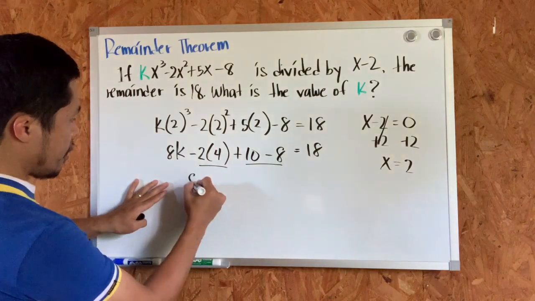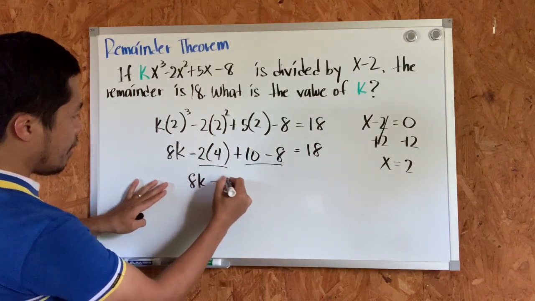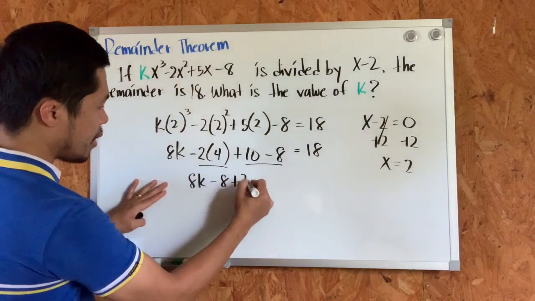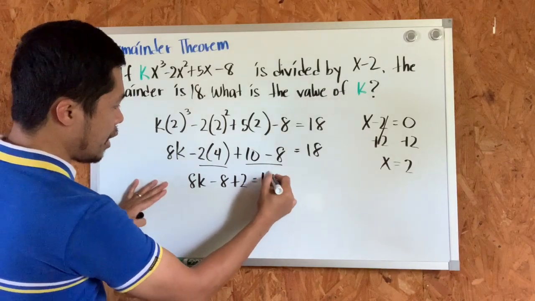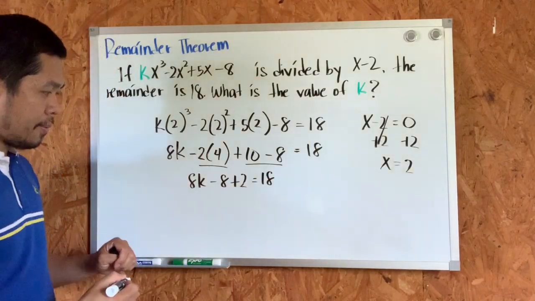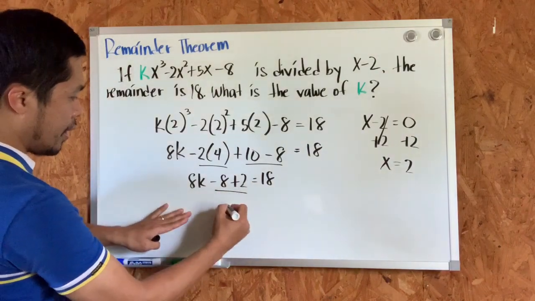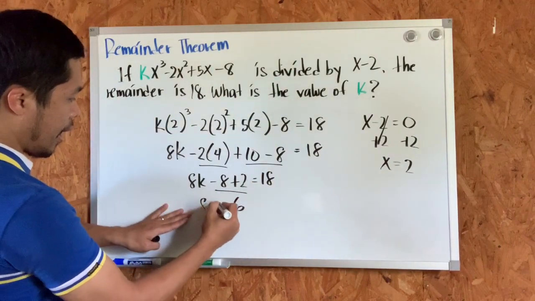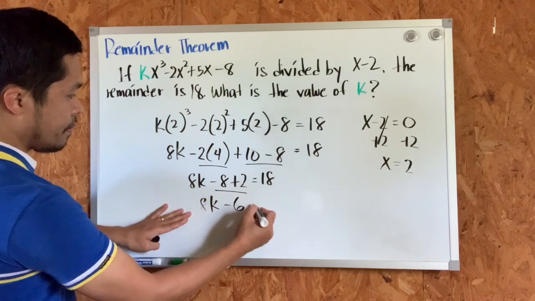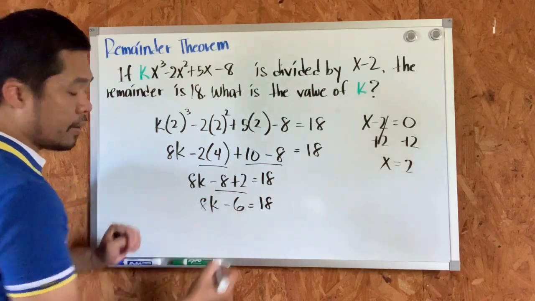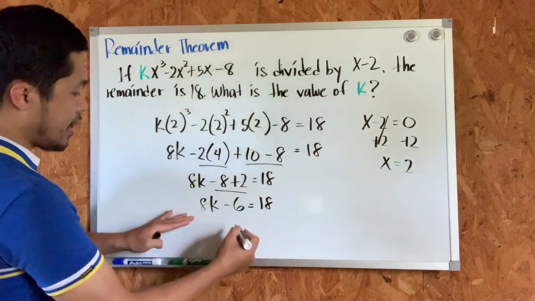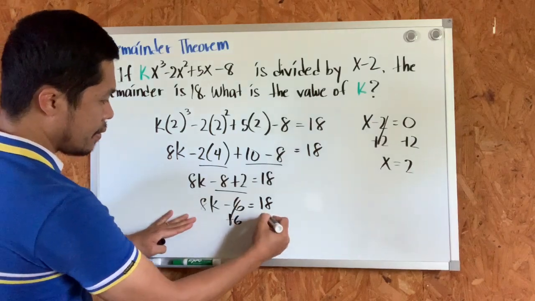So this will be equal to 8k minus 8 plus 2 equals 18. Okay, we can solve this. Negative 8 plus 2, and that is equal to negative 6. We'll bring down 8k minus 6 equals 18. And then we add 6 on both sides.